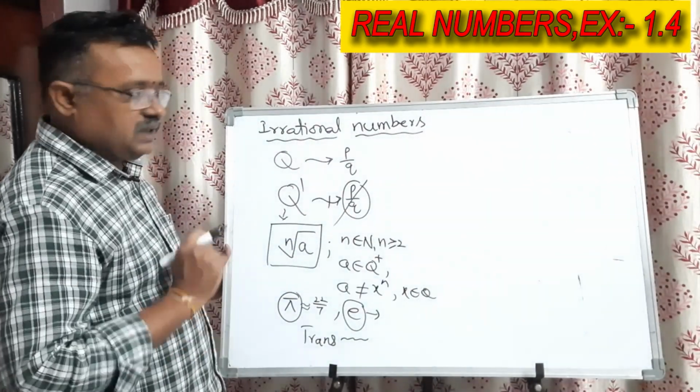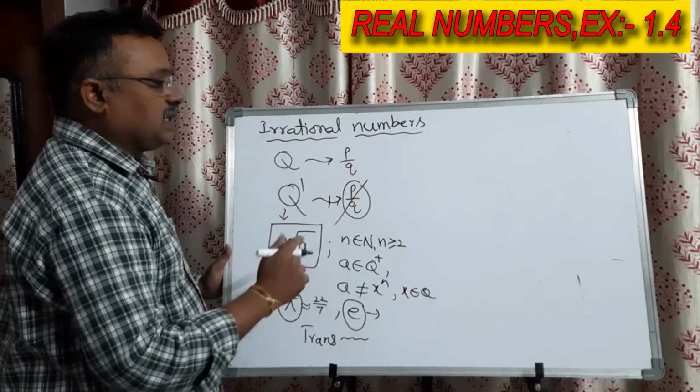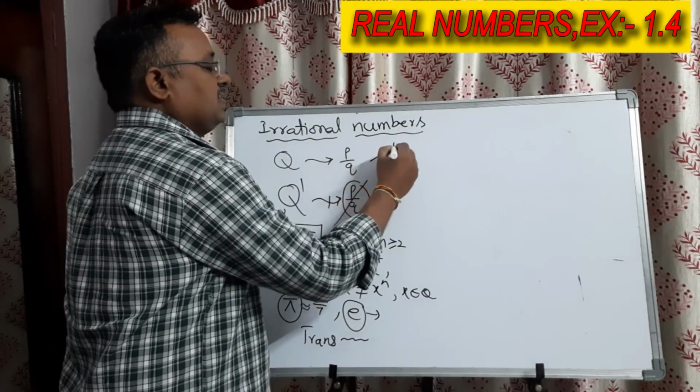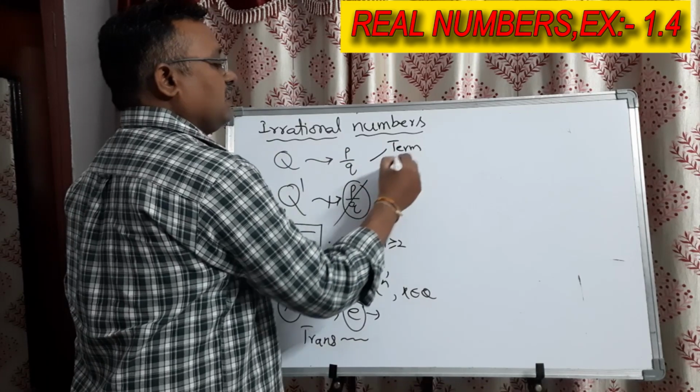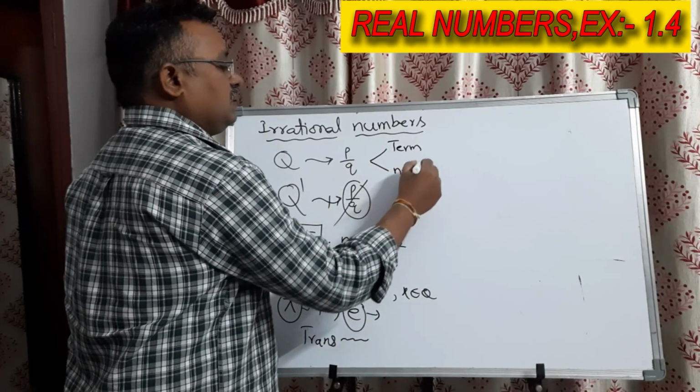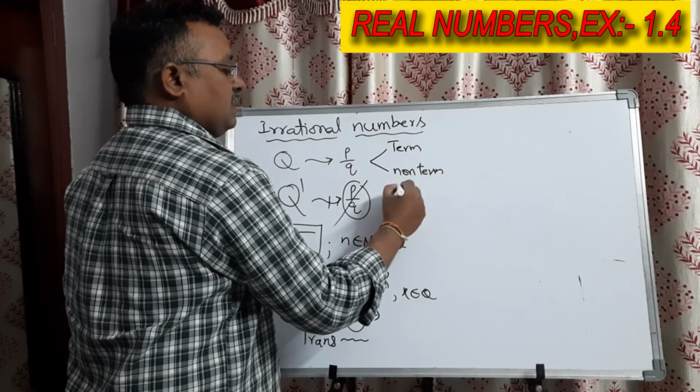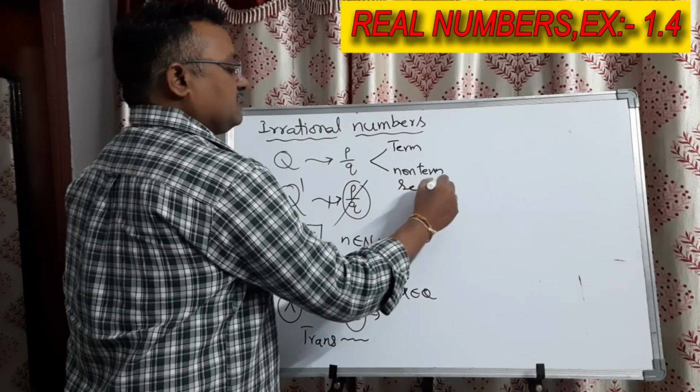Rational numbers are in the form of terminating decimals or non-terminating repeating decimals.